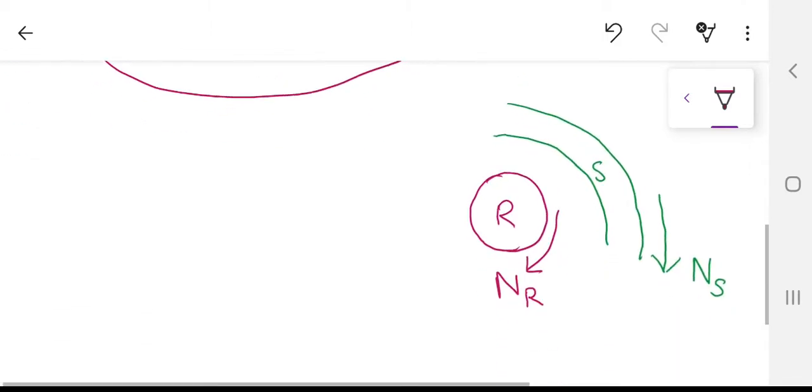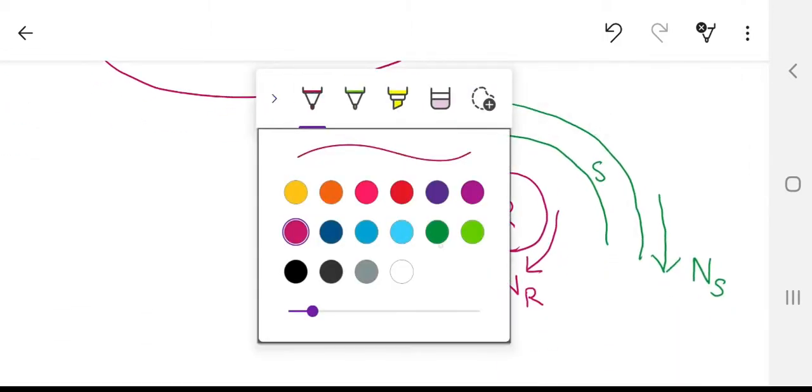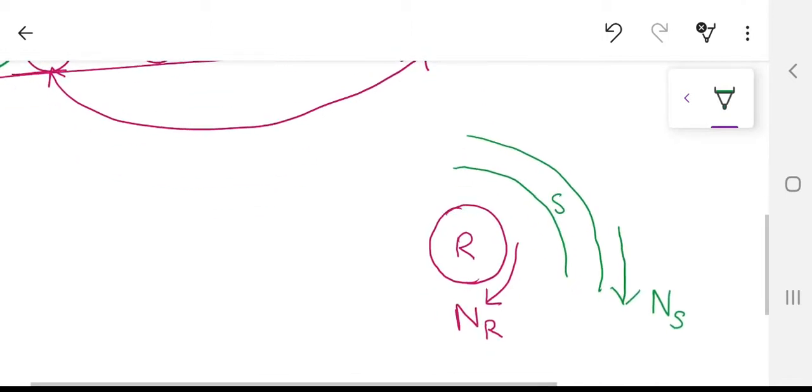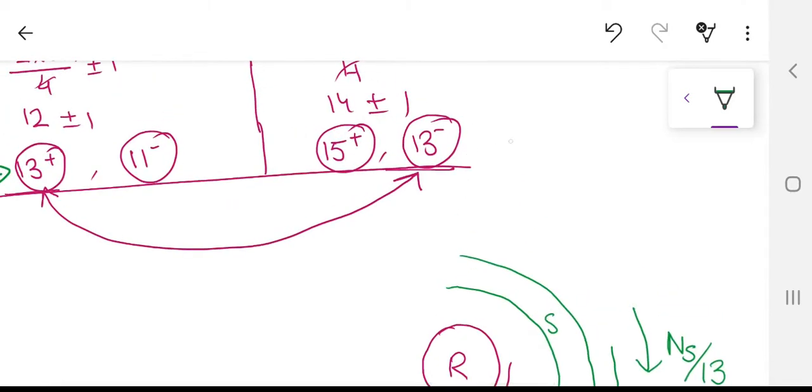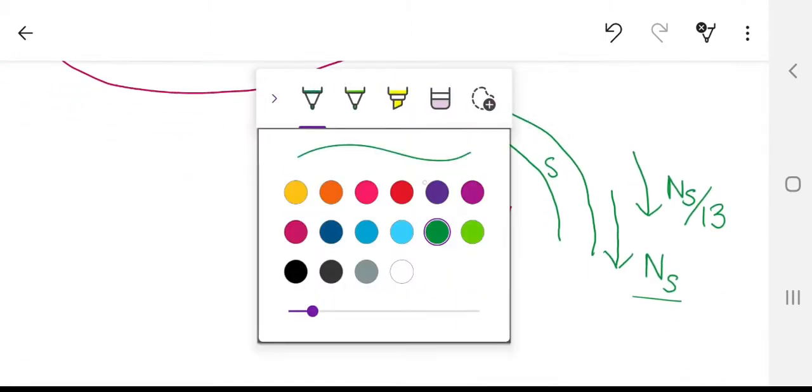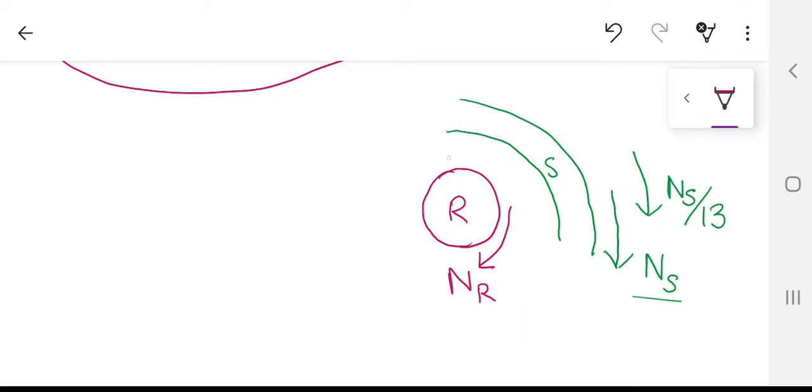On the stator side, the 13th harmonic in the positive direction gives Ns by 13, in the same direction as the stator fundamental Ns. The rotor side produces a 13th harmonic moving in the opposite direction, so it produces Ns by 13 in the opposite direction.